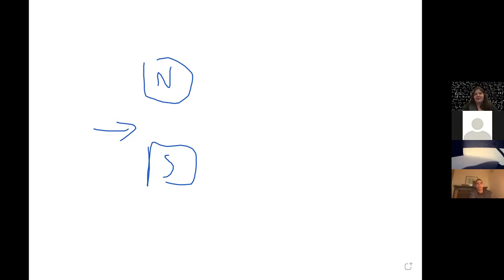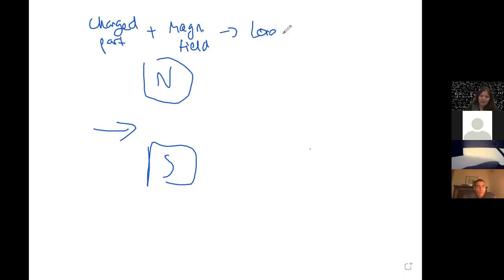So a charged particle plus magnetic field means that we get a Lorentz force. This is something we don't want to have in this experiment, because we don't want to measure the charge, but we want to measure the spin. So we need a neutral atom, and there we use the silver atom.